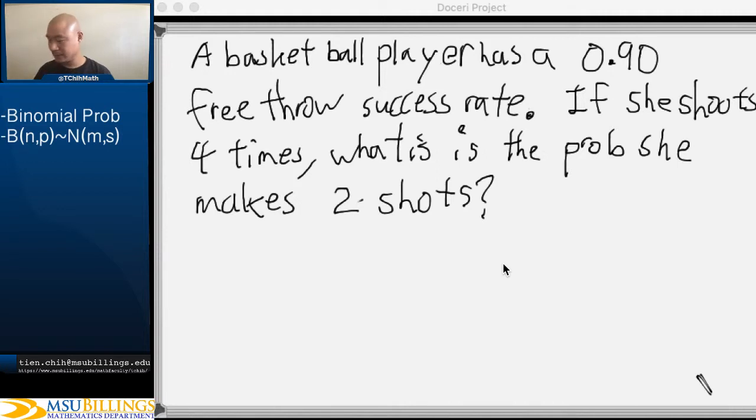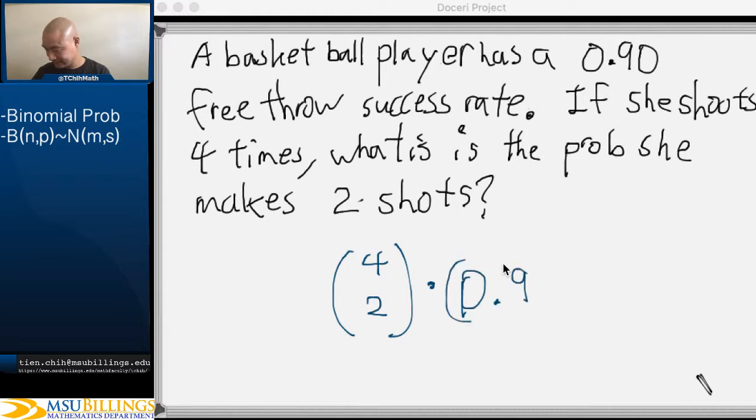So the probability that this exact thing happens then turns out to be, out of the 4 shots that she takes, she's going to make 2 of them, right? And then given some shot, say, all right, to make the 2 shots, there's a 90% chance each of making them, and then she does it twice.